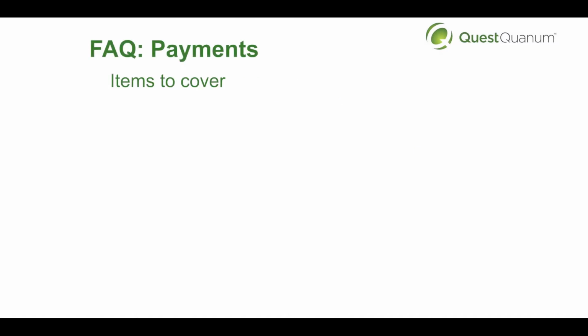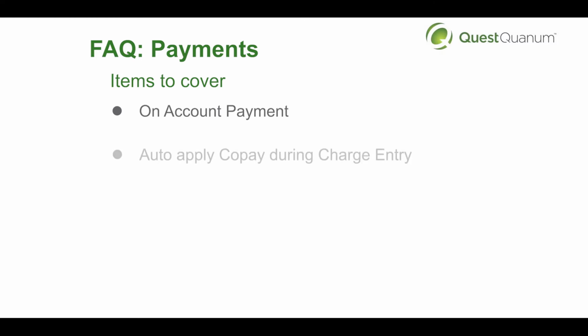So the items to cover: we're going to look at on-account payments. Why do you have on-account payments, and how do you remove them from the patient's account? Auto apply copay during charge entry.